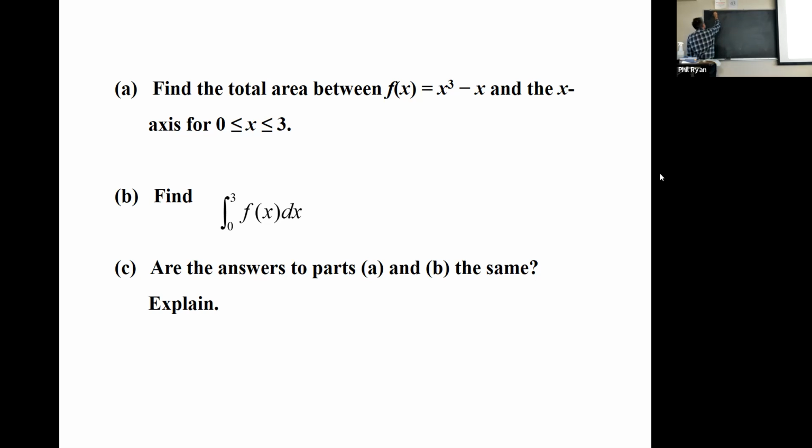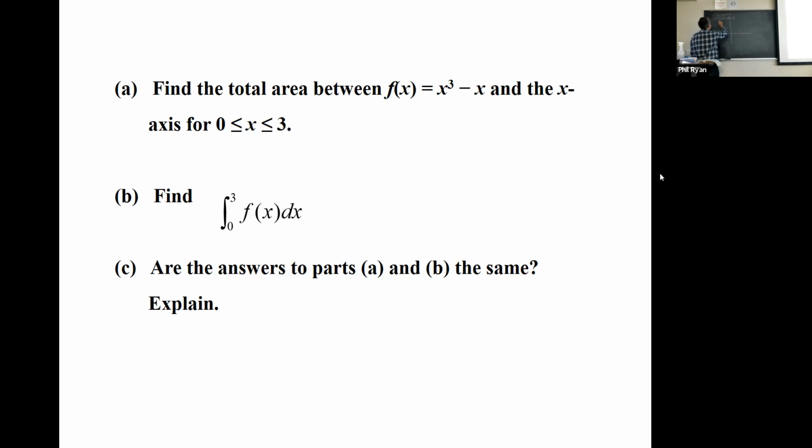Right, so x cubed minus x is x times x squared minus 1, which is x times x plus 1 times x minus 1. Okay. So we're only interested between 0 and 3. At 0, it's 0. At 1, this is also 0.